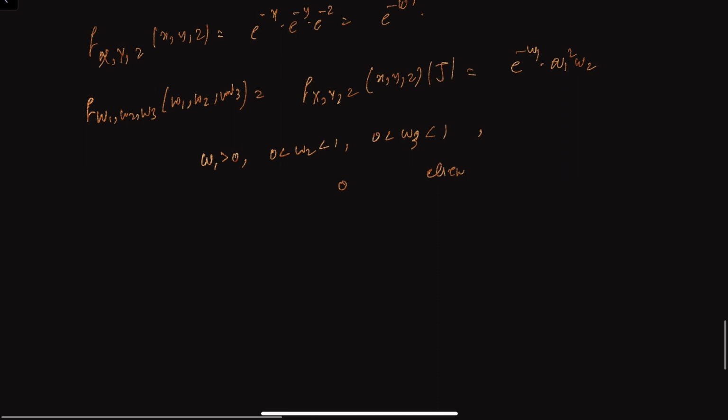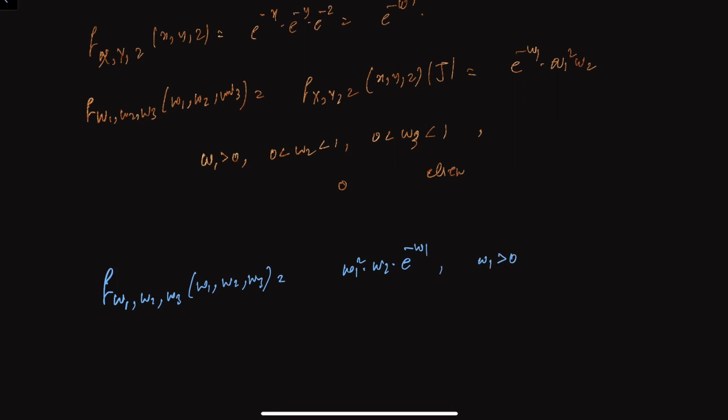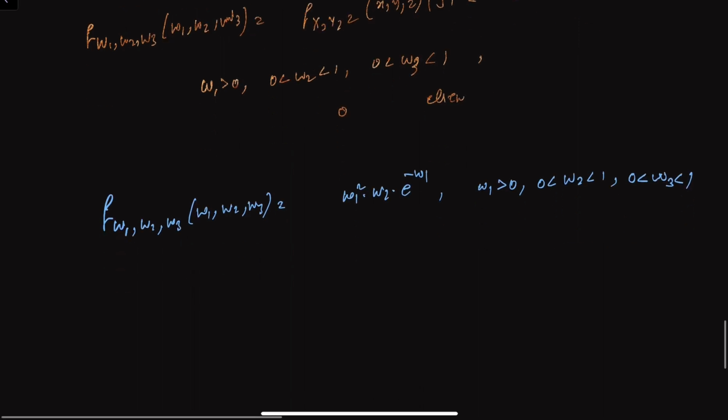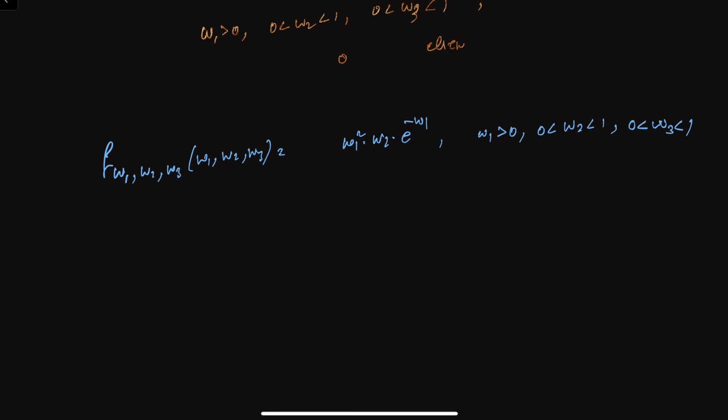So this joint density of w1, w2, w3 is w1 square w2 into e to the power minus w1, in that range. Now we can use this to find the marginal densities.